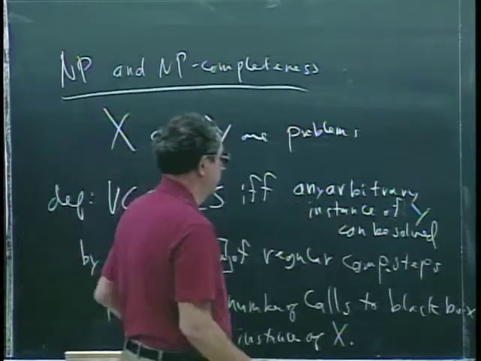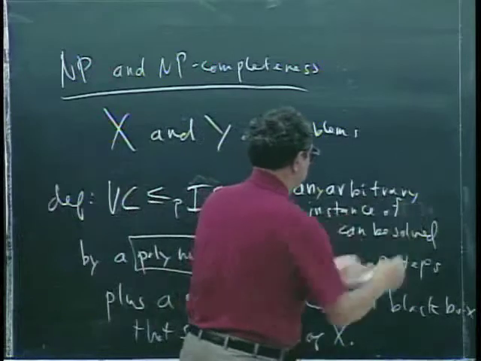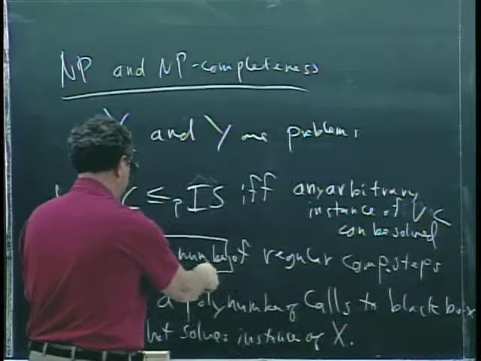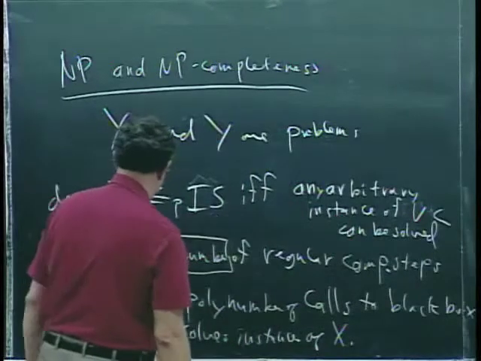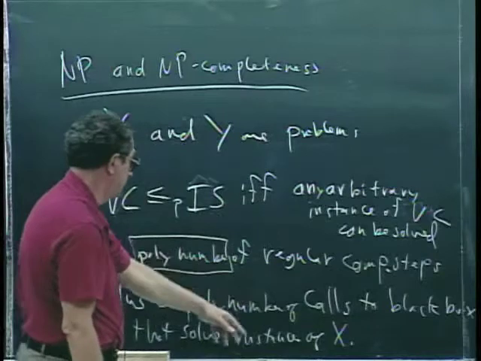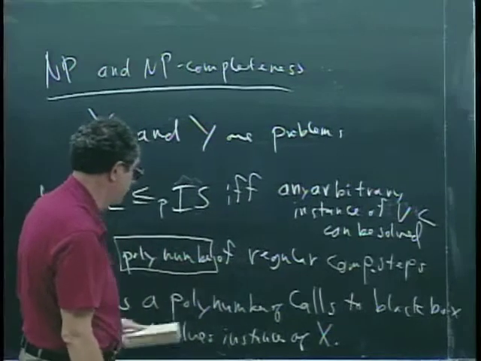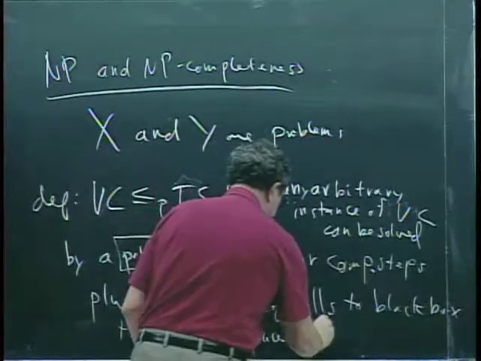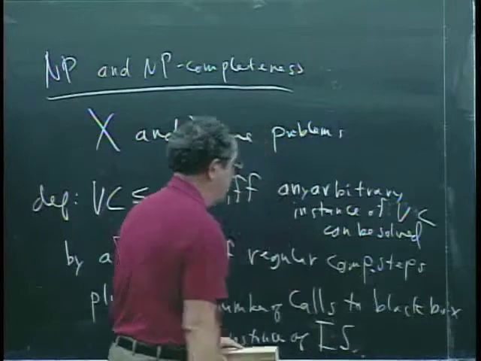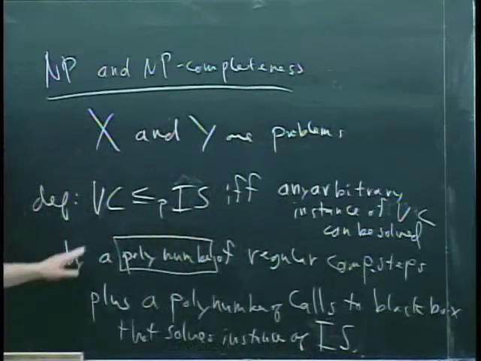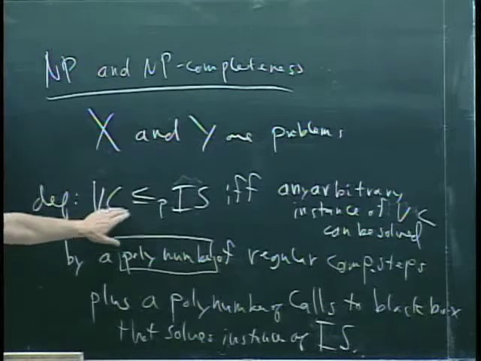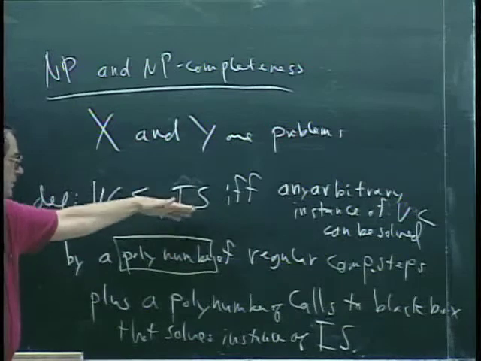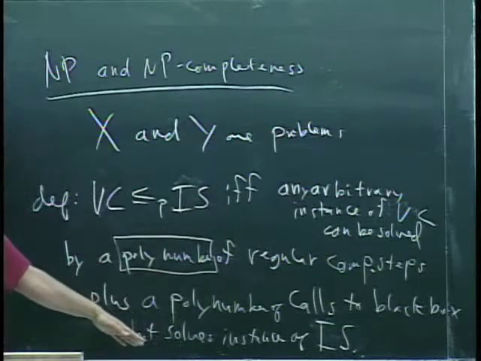Any arbitrary instance of vertex cover can be solved by a polynomial number of regular computational steps plus a polynomial number of calls to a black box that solves an instance of X, and X is independent set, right? Okay? So we want to show that vertex cover reduces in polynomial time to independent set, and in order to do that, we have to satisfy this definition.